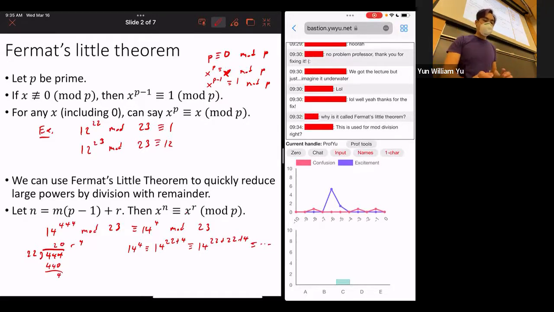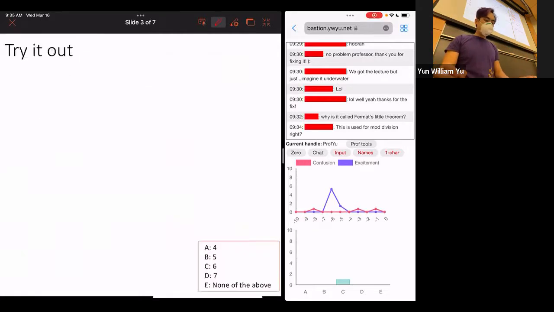Okay, let's try it out, since we got interrupted in trying it out last time by a fire alarm. What's 4 to the 244 mod 7?